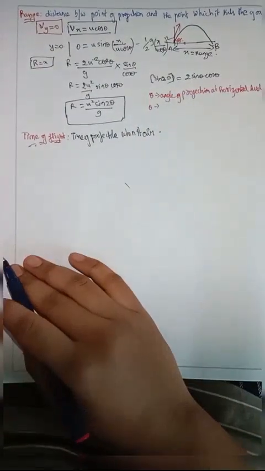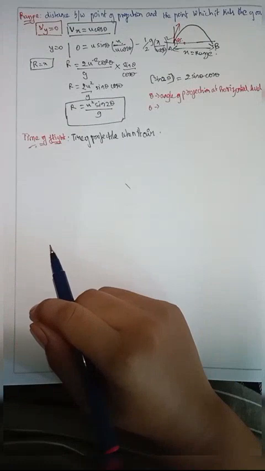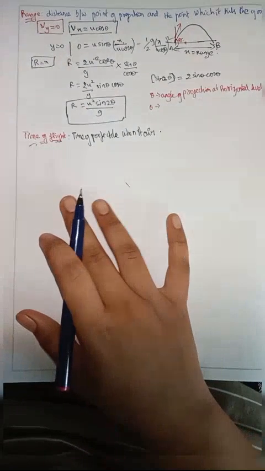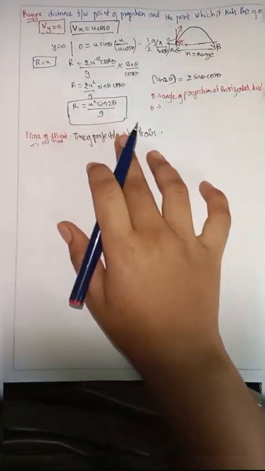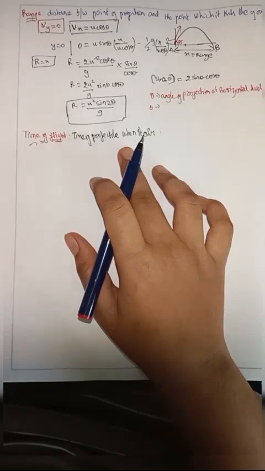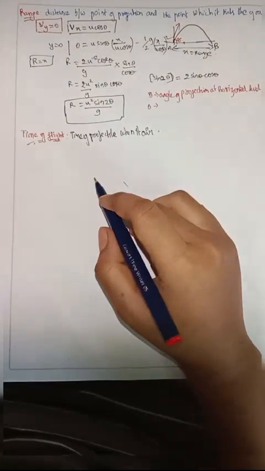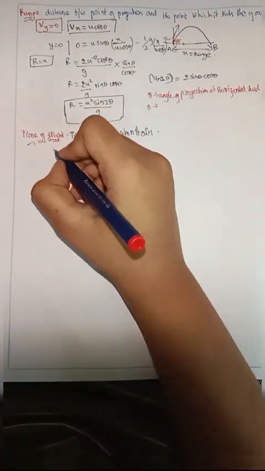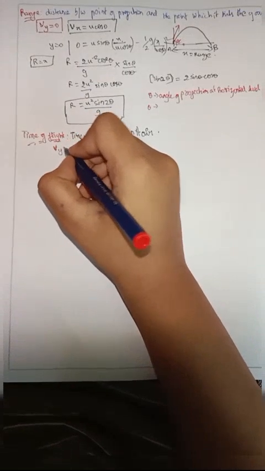In the time of flight concept, as I said before, if the time of our upward journey is t, at the highest point vy equal to 0.